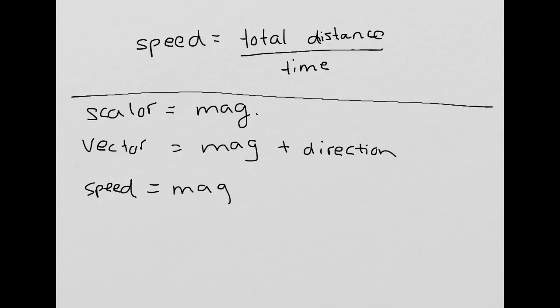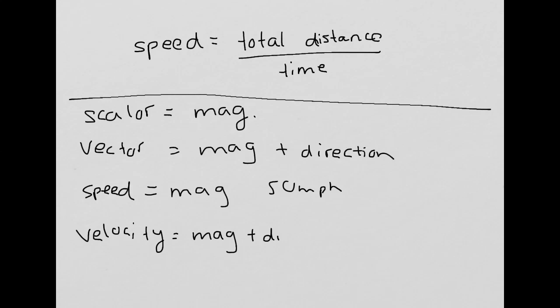For example, 50 miles per hour. Velocity is the magnitude with direction. So, for example, 50 miles per hour west, or really any other direction.